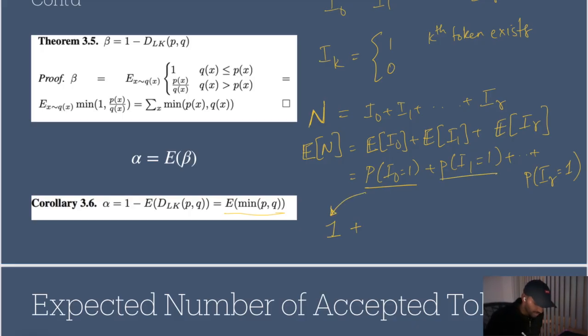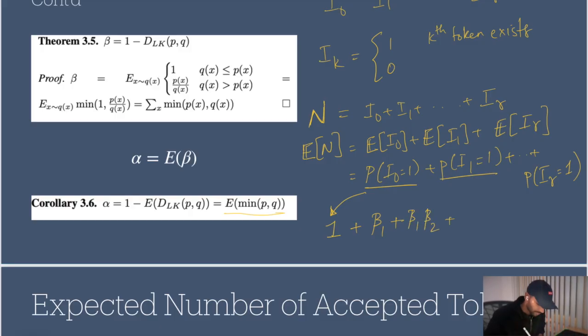What is the probability that the next token exists? The probability that it exists is the probability with which it is accepted, which is basically beta 1, right? What is the probability that the second token exists? It is the probability that the first token exists times the probability that the second token exists.